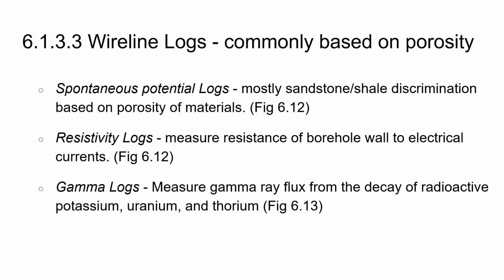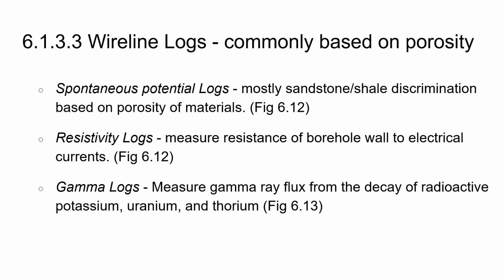And once we have a core, we can also collect wireline log data. These should be some things that you're a little bit more familiar with since you've been working on this in the project. Spontaneous potential, resistivity, and gamma. Spontaneous potential is looking mostly at distinguishing sandstones and shales, and this is based on the porosity of the material, so that's where we get spontaneous potential from.